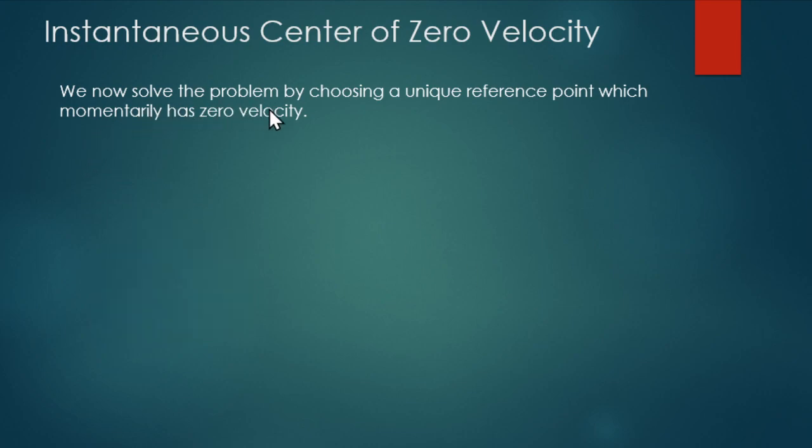So we now solve the problem by choosing a unique reference point which momentarily has zero velocity. So the velocity of a point on a body which is subjected to a general plane motion can be determined with reference to the instantaneous center of zero velocity, provided the location of the instantaneous center is known.